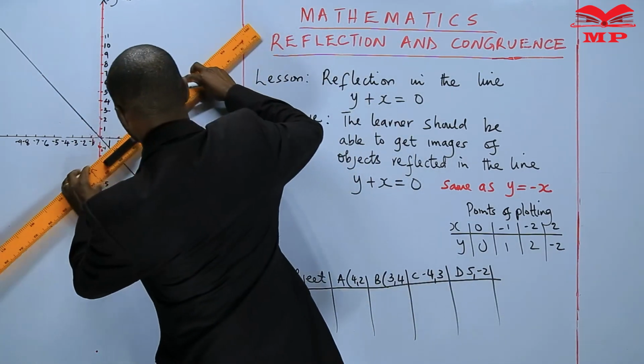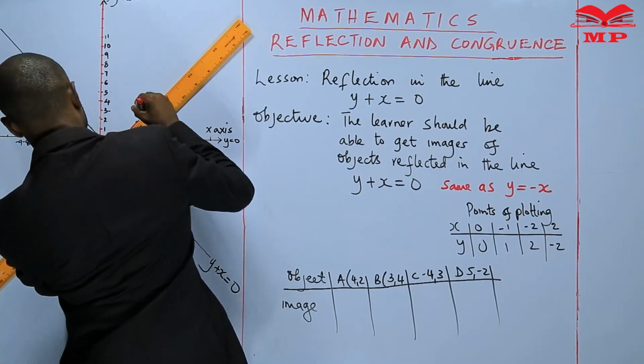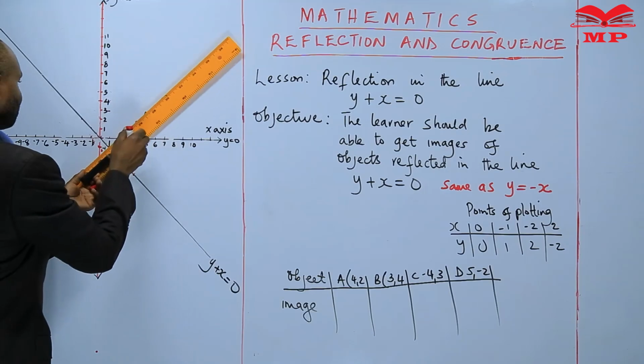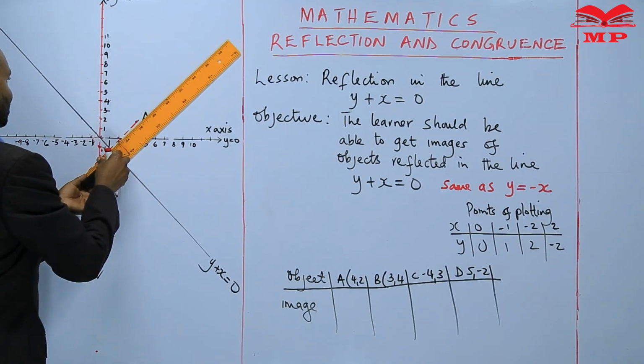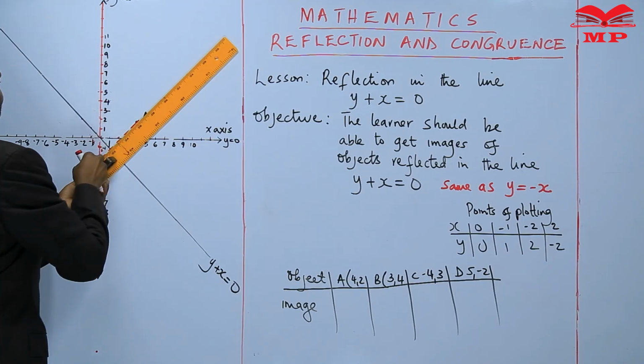Let's try and see. You scale that distance, it should be almost the same. 1, 2, 3, 4. 1, 2, 3, 4.